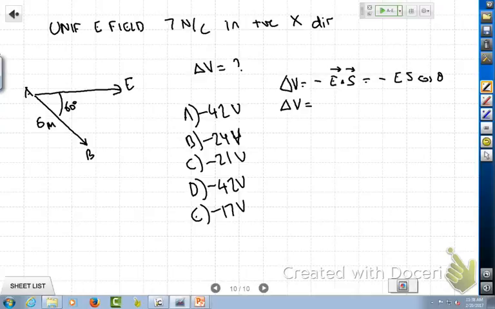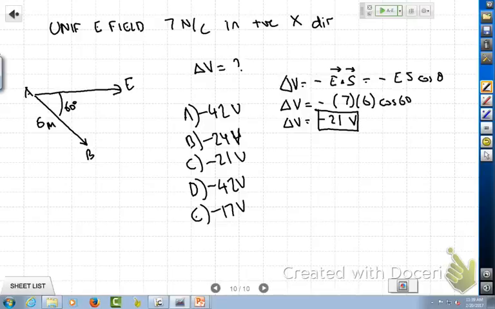So delta V is equal to, what does that equal? It equals minus E is 7 and S is 6, and it's cosine of 60, which is a half. So delta V is equal to 6 sevens are 42, and a half of 42 is 21 volts. So not bad. Let's make it a bit more interesting.